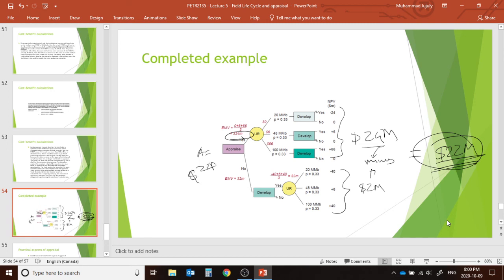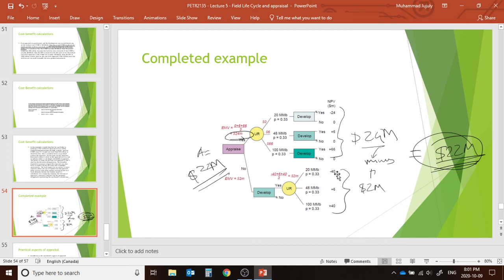So A is 22 millions of dollars. That means if the profit is more than $22 million, we'll do the appraisal. If the profit is less than $22 million in our calculation, we'll not continue doing the appraisal, because the appraisal cost is $22 million, right? So for instance, if it's this scenario, or if it's this scenario, we'll definitely continue doing the appraisal.